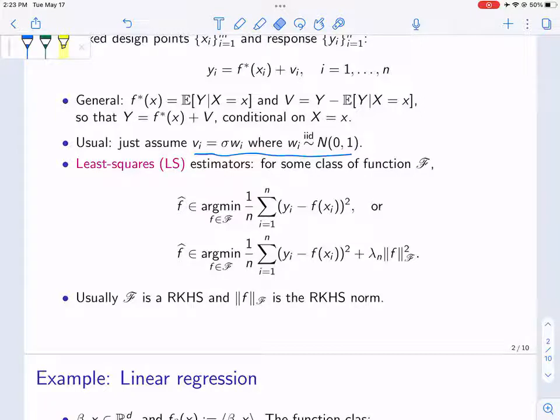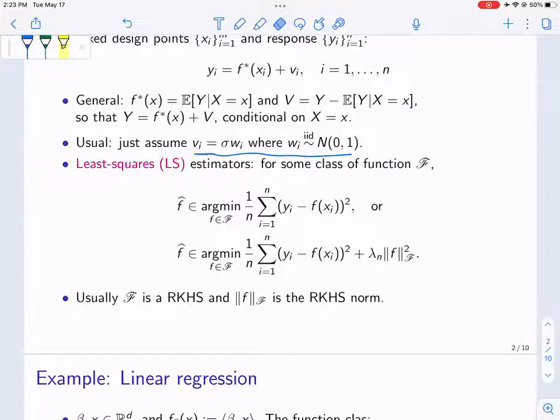I can also, if this class has some norm, so for example, if this is a Hilbert space, there is some sort of Hilbert norm, I might instead, or in addition, regularize by the norm. I'm not going to talk about this in detail, but if you know what an RKHS is, these are a special kind of Hilbert space of functions.